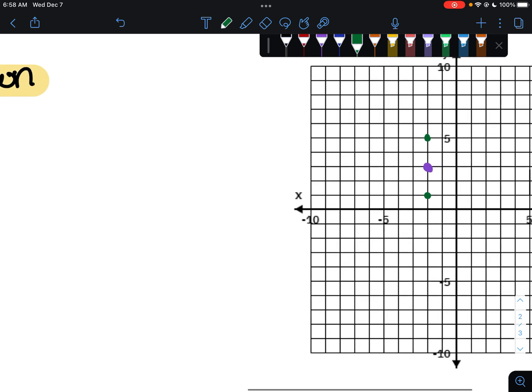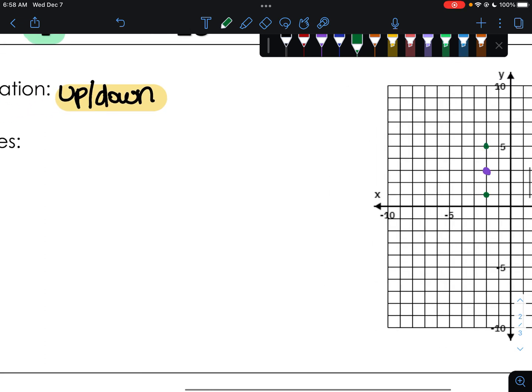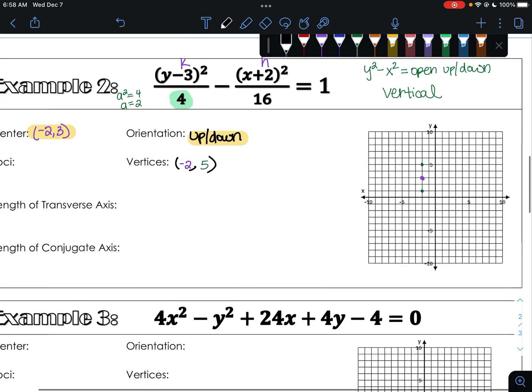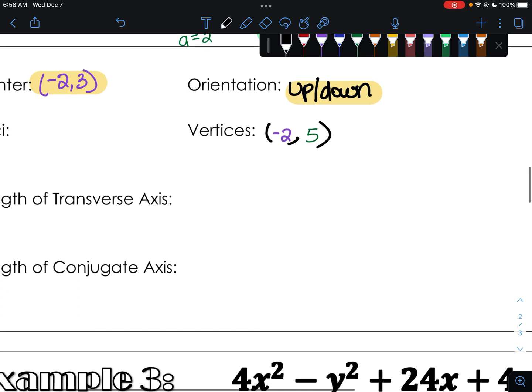So I'm going to go ahead and label those. So I have -2, 5. Notice how the x value of our center is staying the same and our y value is changing. So it was 5, and the second one was -2, -1, or sorry, +1.